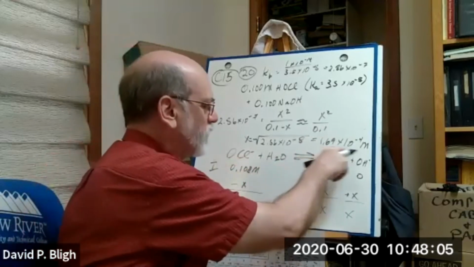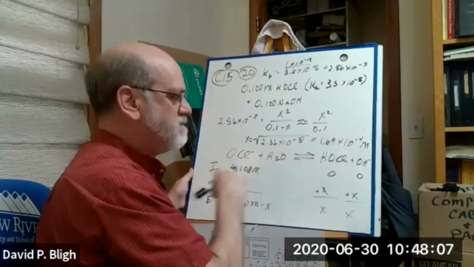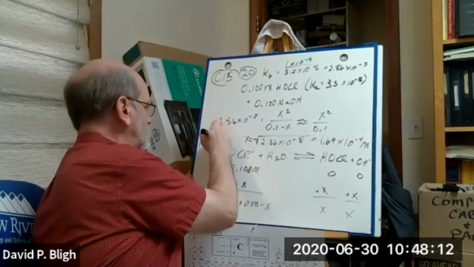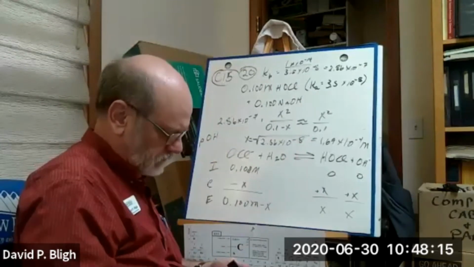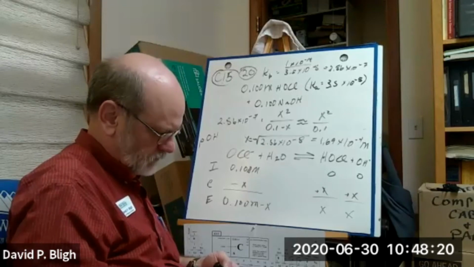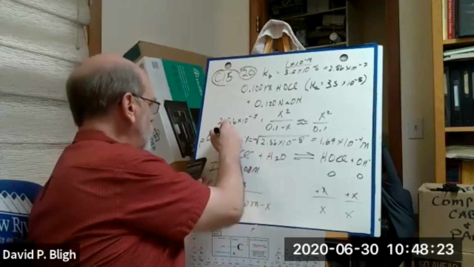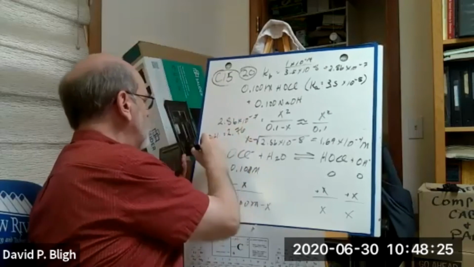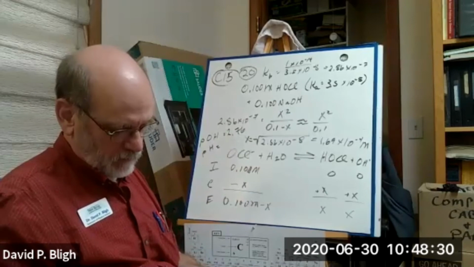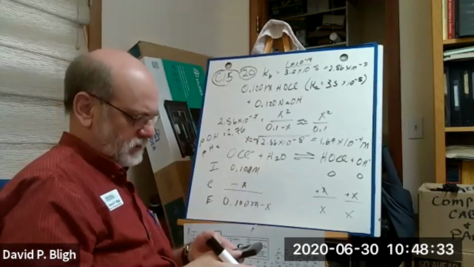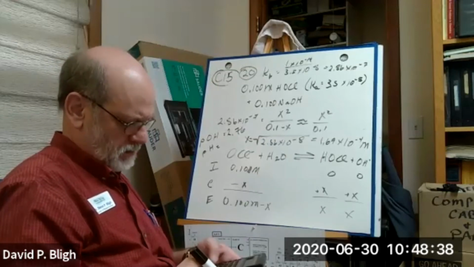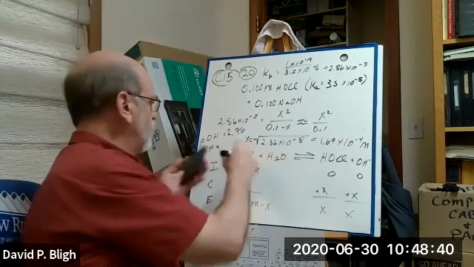So we need to take this one, convert it to pOH, negative log of that one. pOH equals 2.76, and then the pH is that subtracted from 14. 11.2.